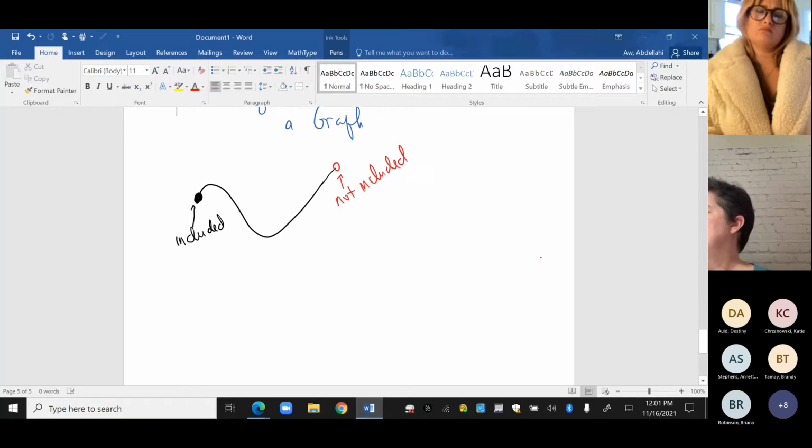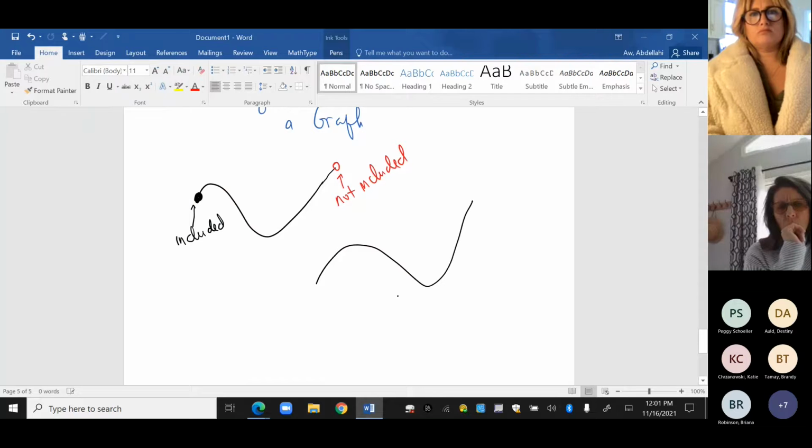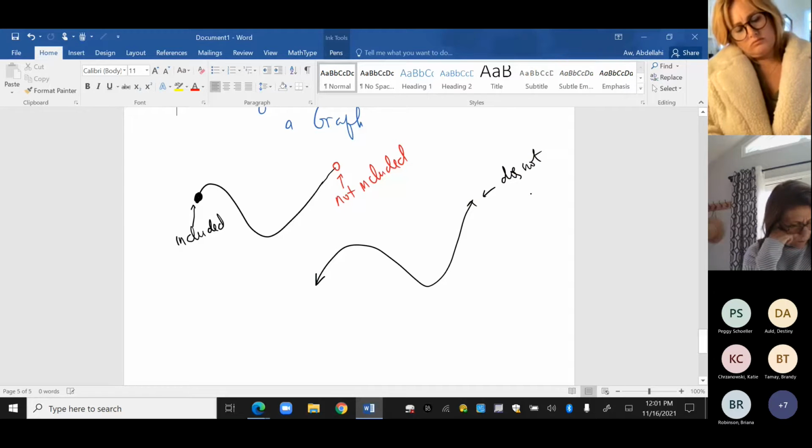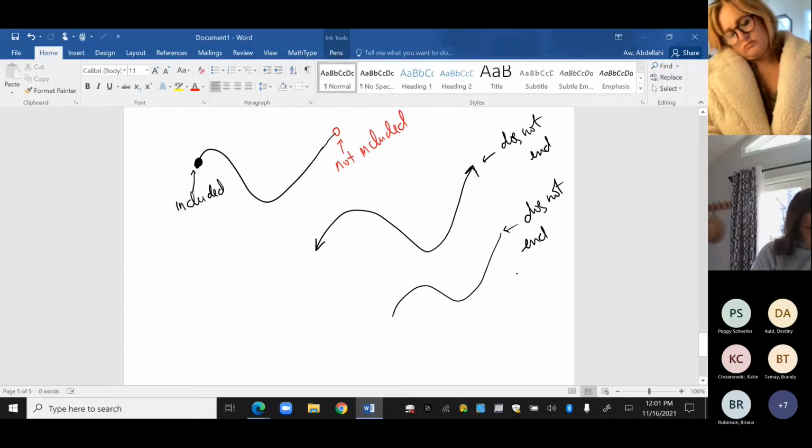Now, if you don't see anything, or you see an arrow, it means my graph goes forever. Whether you see an arrow or you don't see anything, it means your graph does not end.